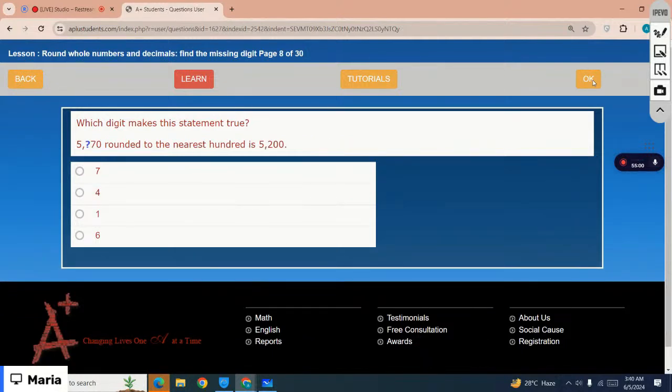Which is the correct option? 1 it is. The correct option is 1.